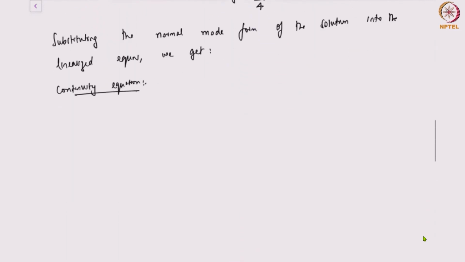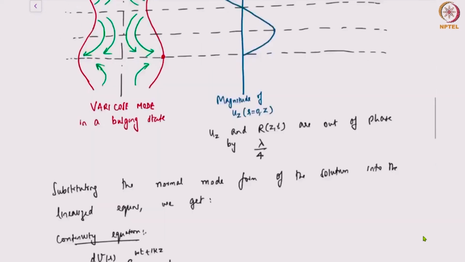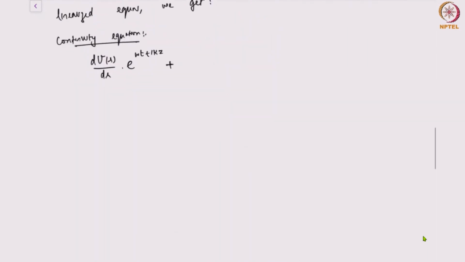So this becomes d capital U of r by dr times exponential of omega t plus I kz, plus u r by r, that will be capital U of r by r, plus finally we have w of r e power omega t plus I kz and the derivative with respect to z, that's ik, is equal to 0.